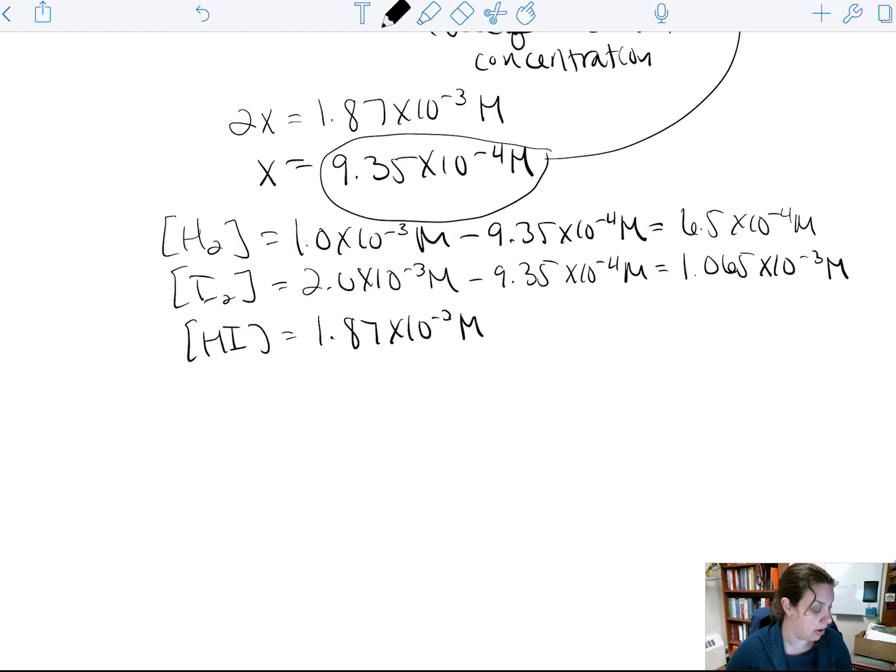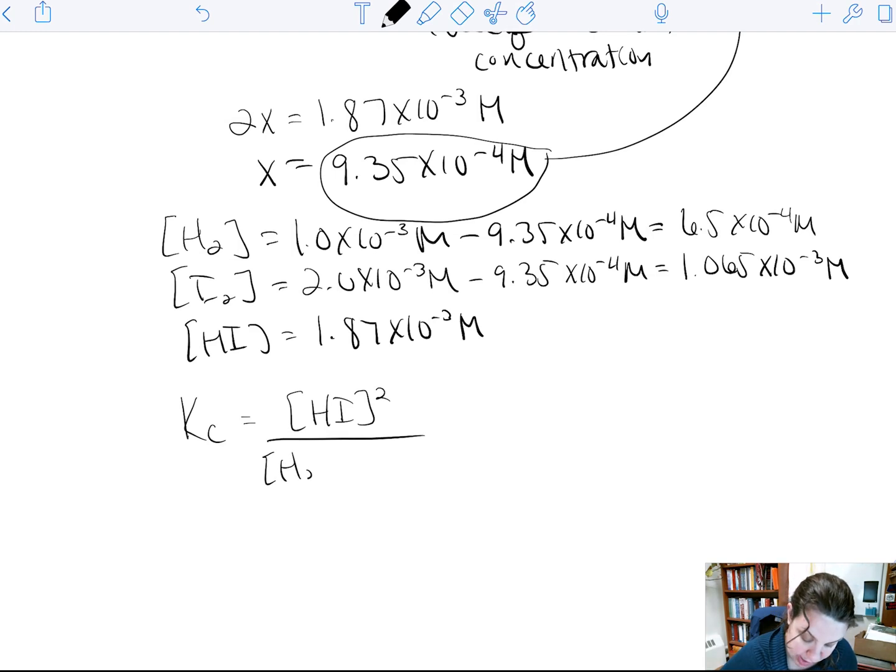Now, since we already have our Kc value, we can put these values into our equilibrium constant expression and compare and make sure that it makes sense. So, our Kc is equal to HI squared divided by H2 and I2.